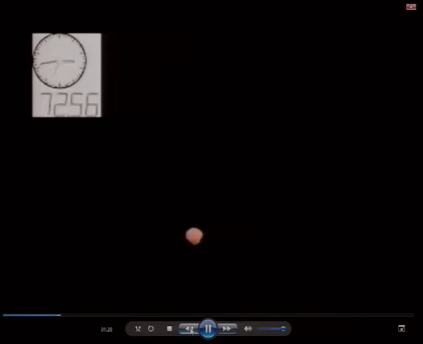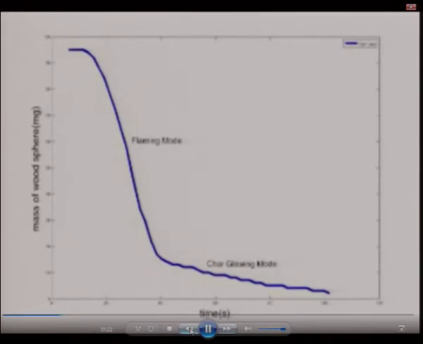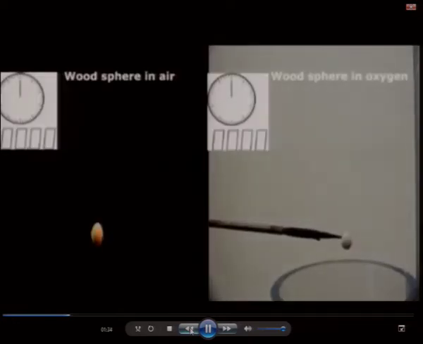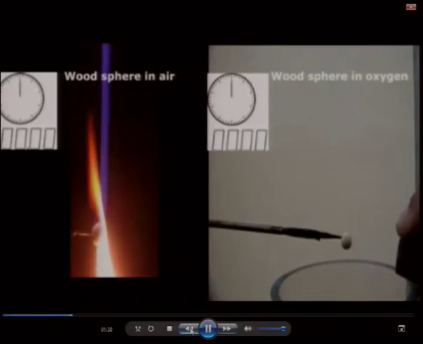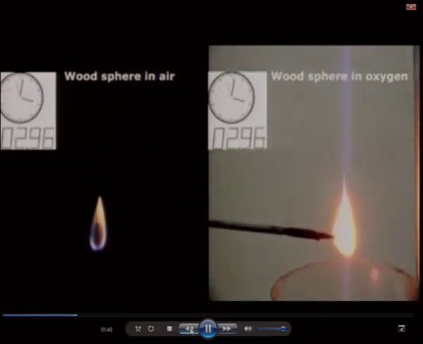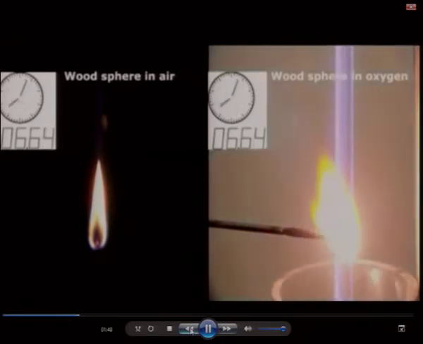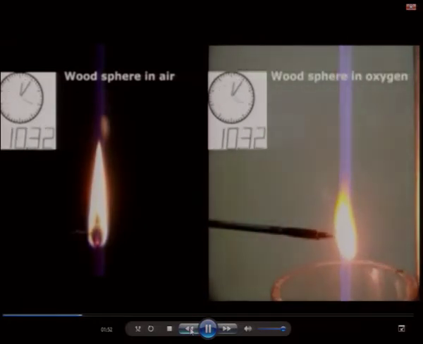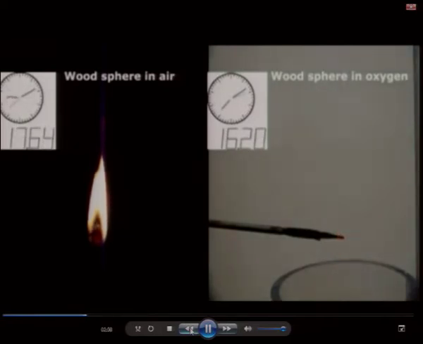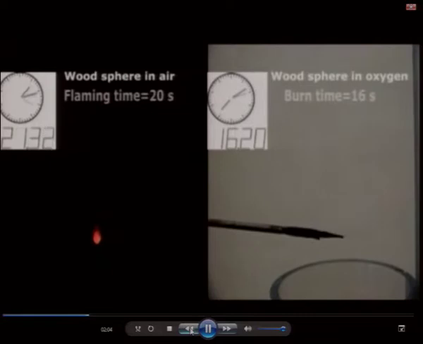That flame was volatile matter combustion. So the clock on the oxygen side has stopped at 16.20.